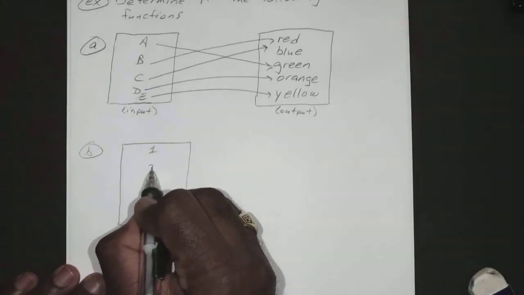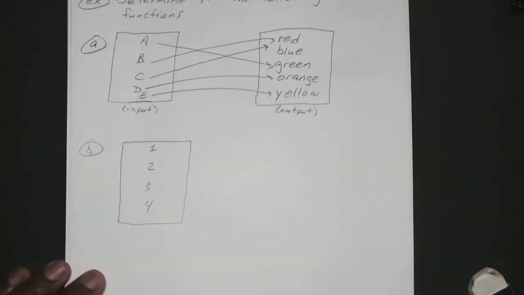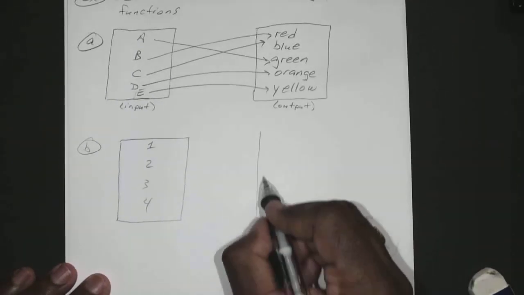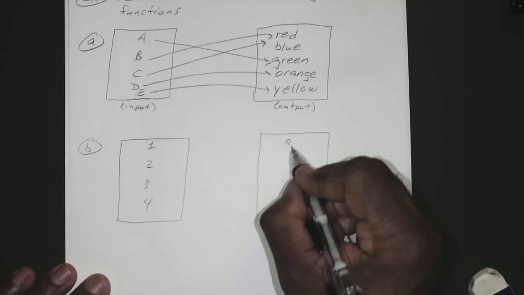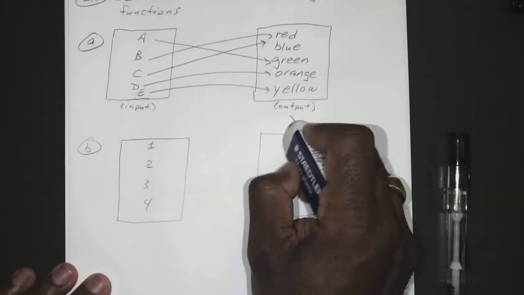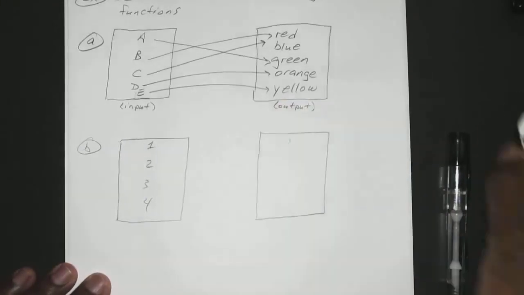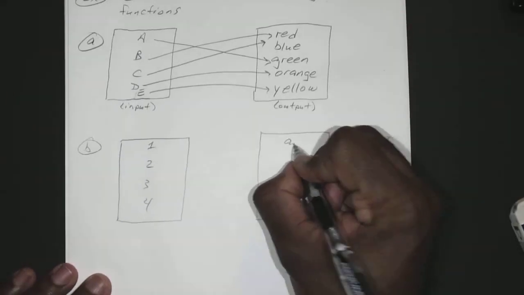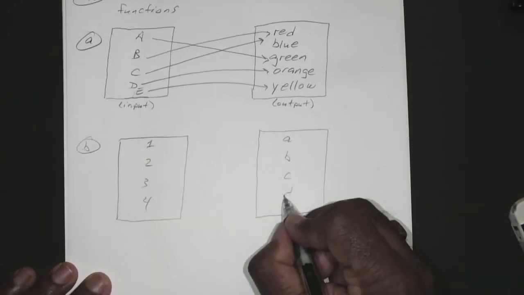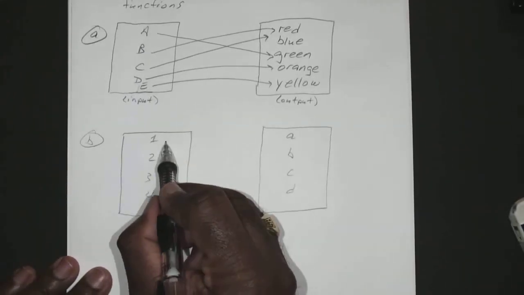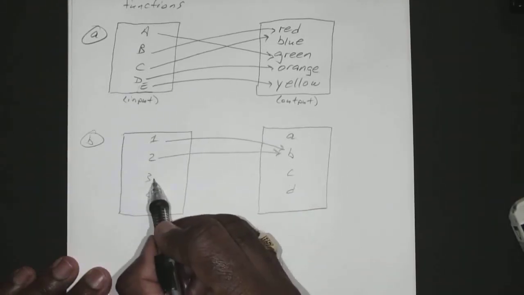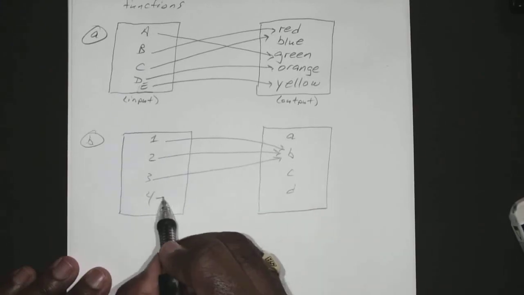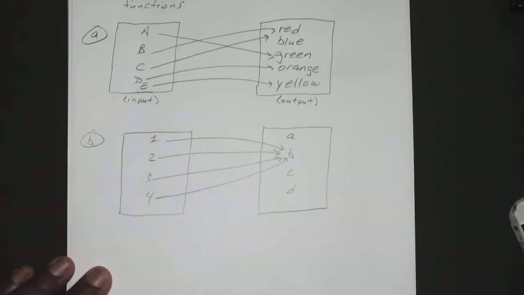We'll have this one as 1, 2, 3, and 4. And we'll have A, B, C, and D for our output. Okay, so let's say we take 1 to B, 2 to B, 3 to B, and 4 to B.